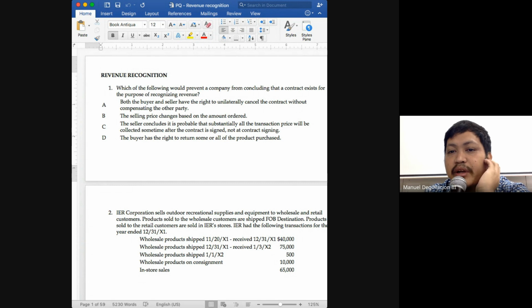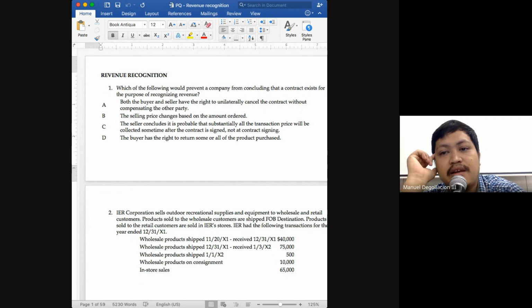Letter B, the selling price changes based on the amount ordered. The variability of the price will not affect the existence of the contract. Letter C, the seller concludes it is probable that substantially all the contract price will be collected sometime after the contract is signed. This is not an issue, class, so long as it can be collected. It does not matter that collection will happen after contract signing, and that is actually common.